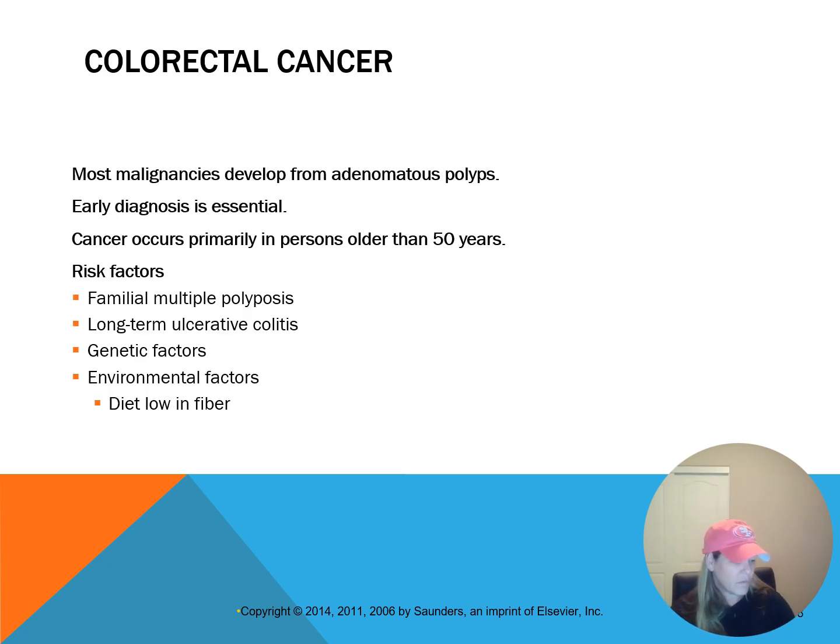Going on to colorectal cancer. Most of them are from polyps, happen because you have polyps. Early diagnosis is essential. That's why you do get colonoscopies or some kind of surveillance after the age of 50, because most of the time the cancer occurs after the age of 50.